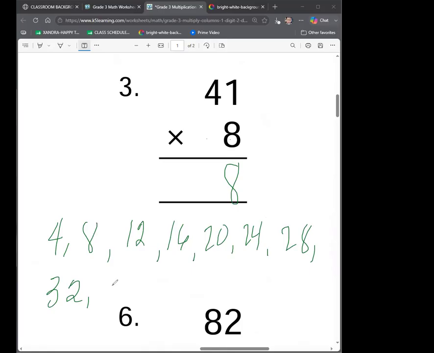My screen kind of lagged there. 32 is, and the next is 36, and then 40. So what is 4 times 8, Amir? 4 times 8 is 32. So what is your final product? 41 times 8 would be 328.